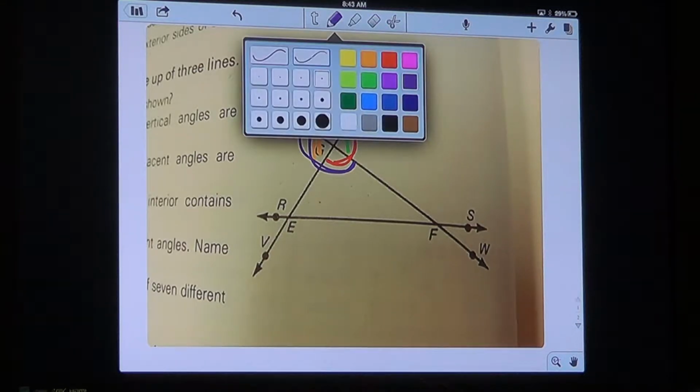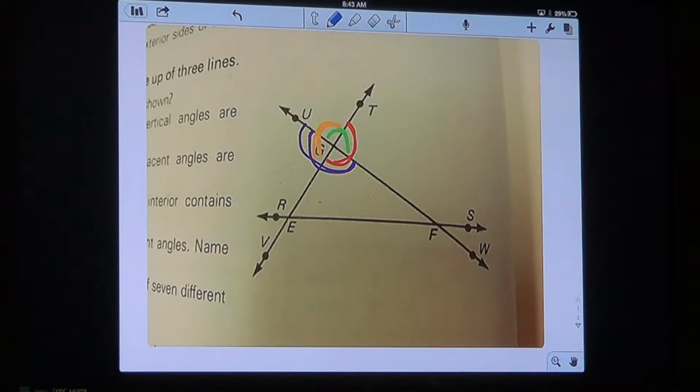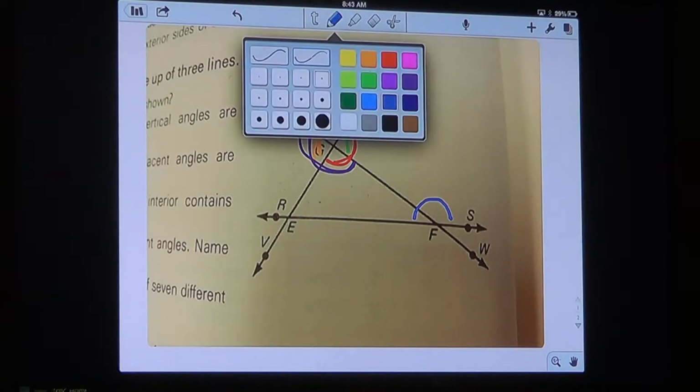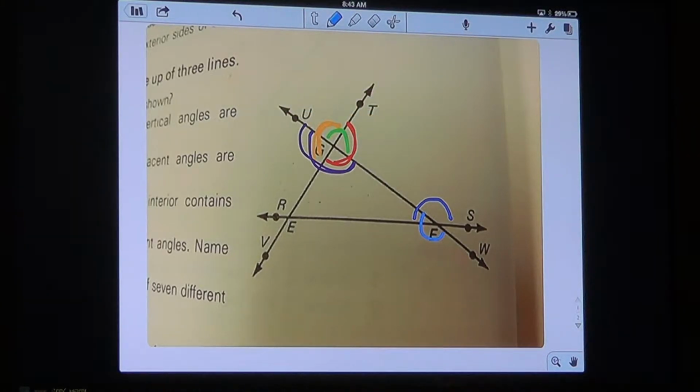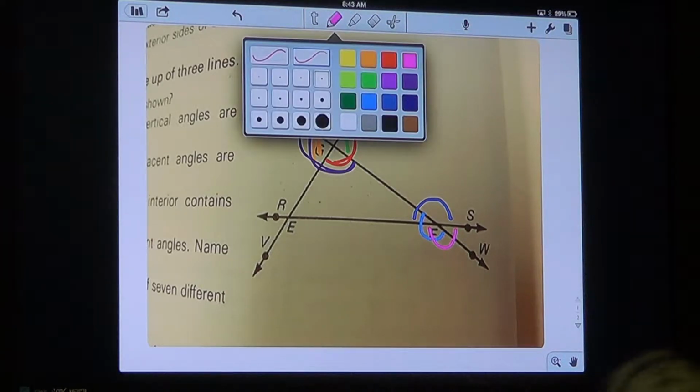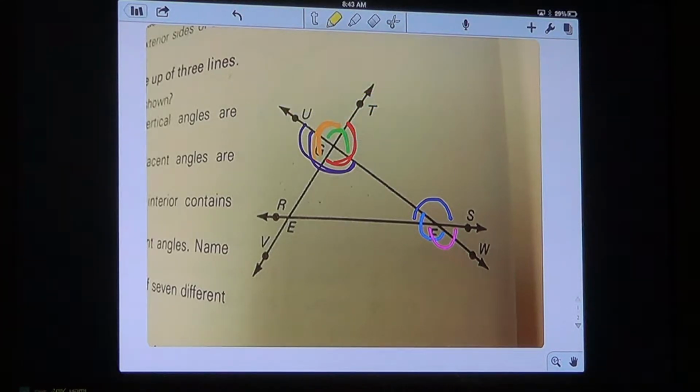And then let's see, we got 5, 6, 7, 8. Each one will have 4, I guess. And this would also have 4, so that would be 12.